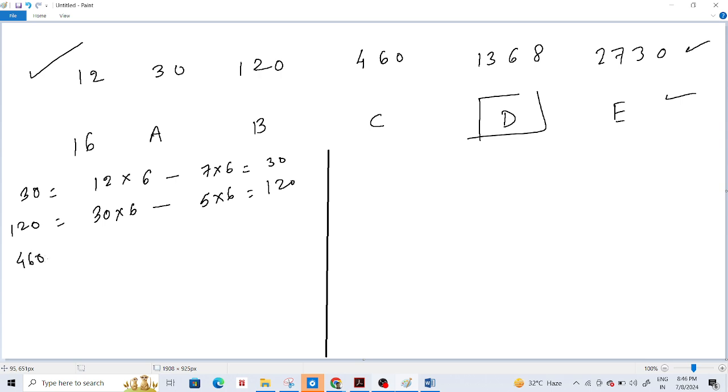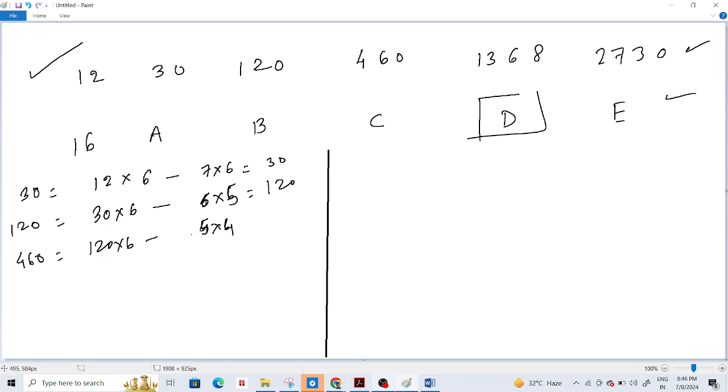460 is going to be 120 into 6 minus 4 into 6. 120 sixes are 720, 4 into 6 is 24. So this is going to be 6 and this is going to be 5. This is going to be 5, this is going to be 4.